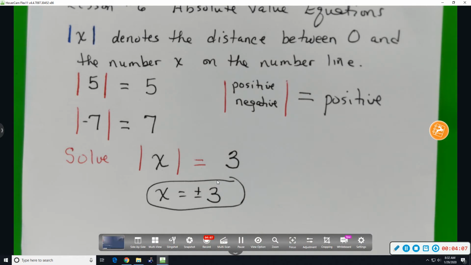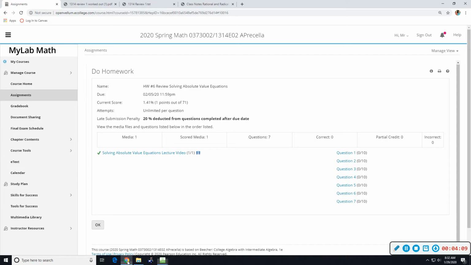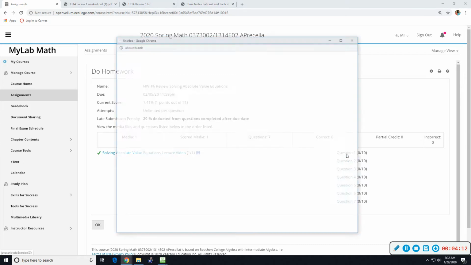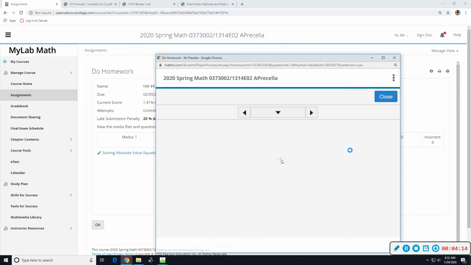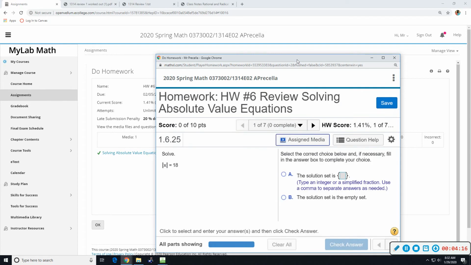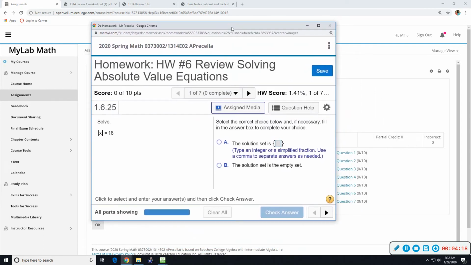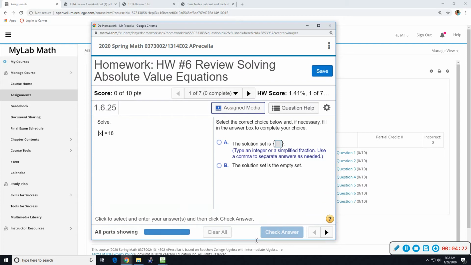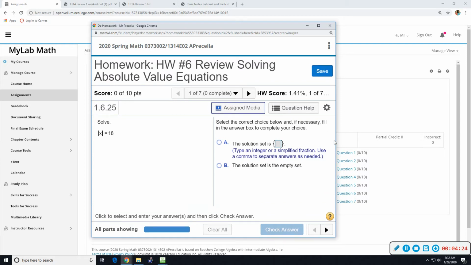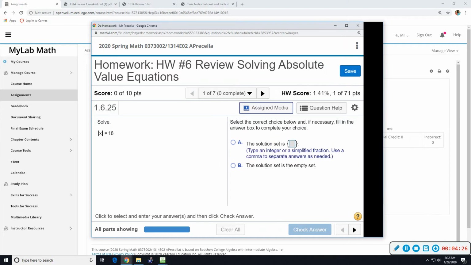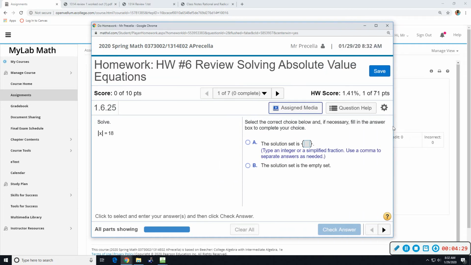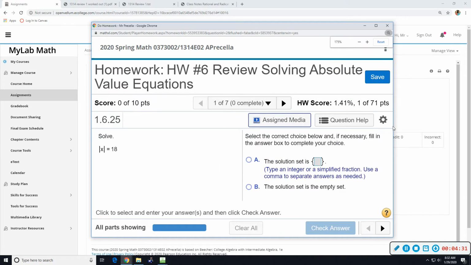If we look at the homework. We'll make it a little bigger and do this. Is that a little easier to see or not really? The absolute value of x equals 18. Okay?